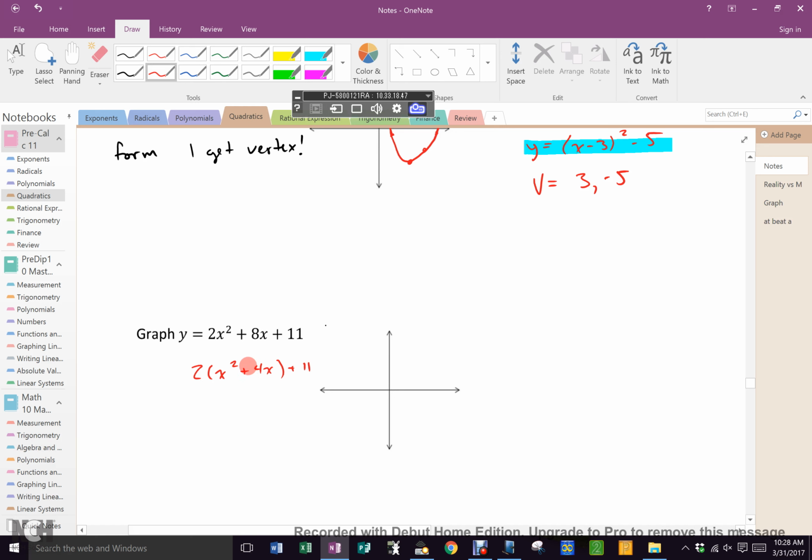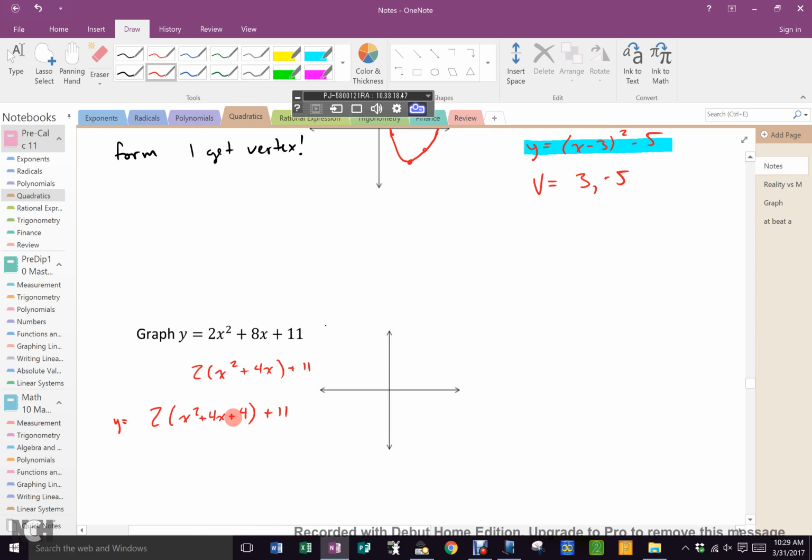Yes or no? So let's do that. 2x squared plus 4x plus what? 4. Everyone agree? Just wait. I still got plus 11 here, yeah? What did I add to this side? 4?